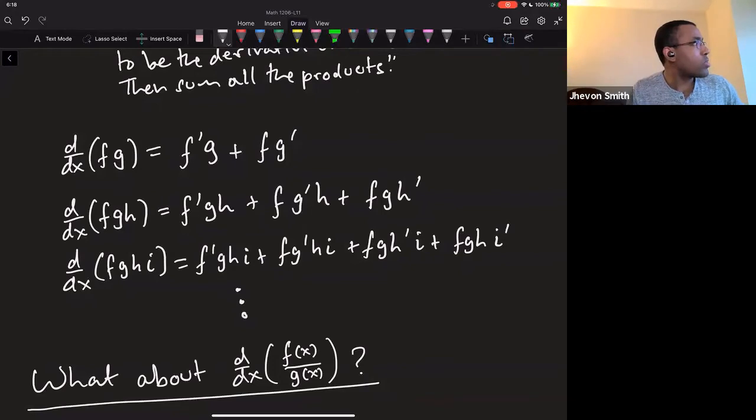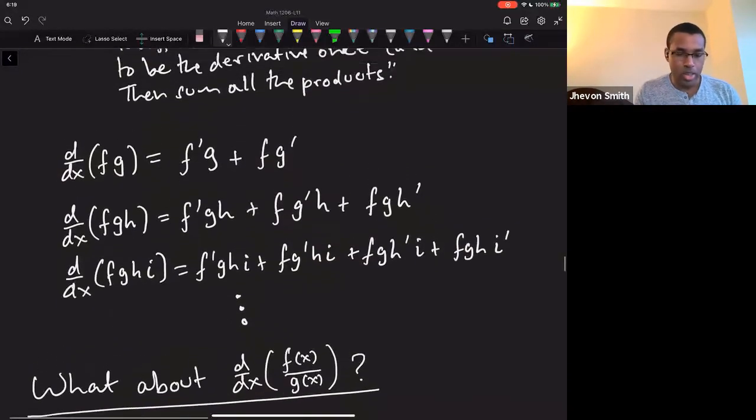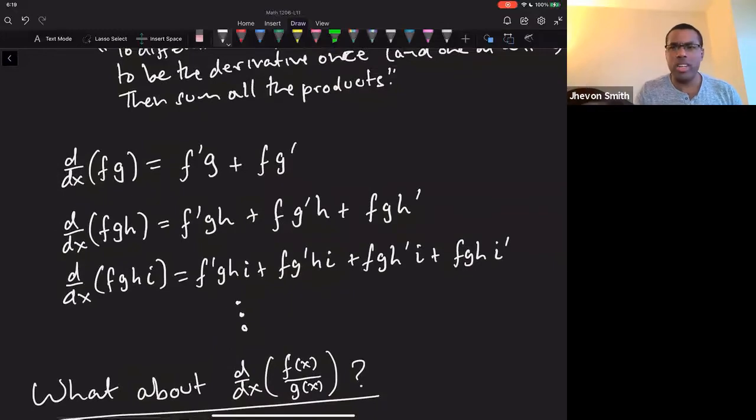You can prove this by just using the product rule 2 at a time. So if you have the derivative of fgh, you just think of f and g as one function and h as a second function, apply the old product rule, and when you simplify it, you'd realize you get this, and so on and so forth. So the product rule is very nice in that way. You can generalize it to longer products very easily.